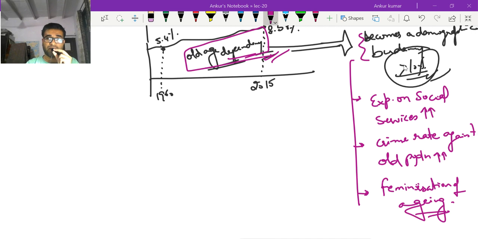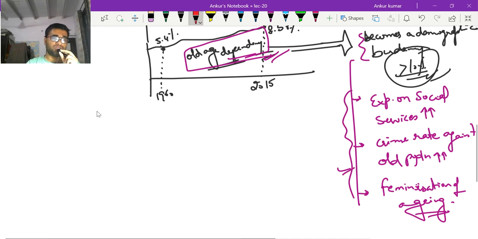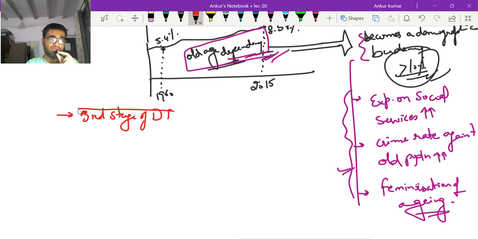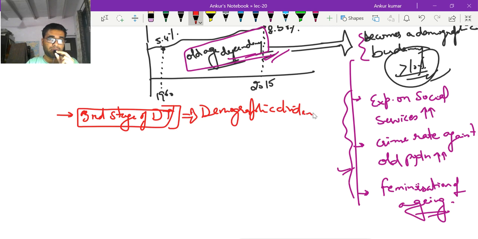However, this demographic burden is not experienced in case of India, because India is entering the third stage of demographic transition. And in the third stage of demographic transition, any country generally experiences the demographic dividend.